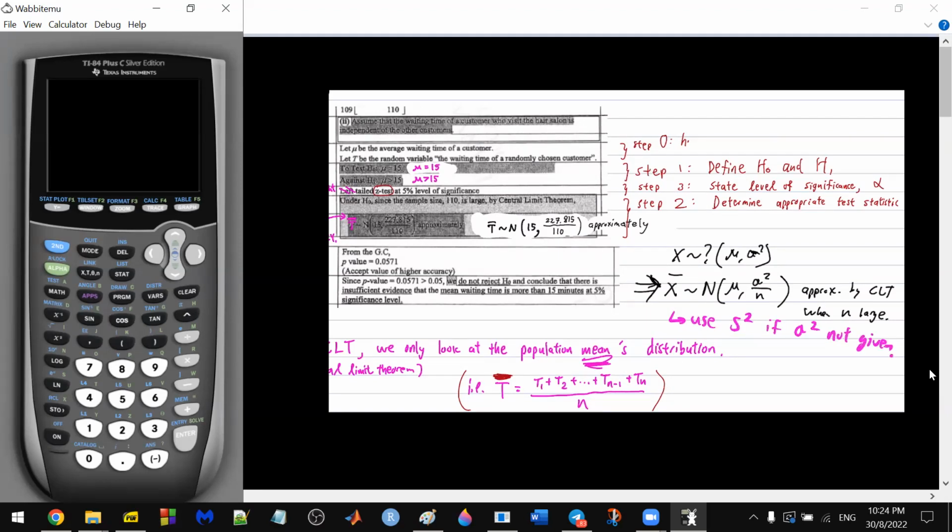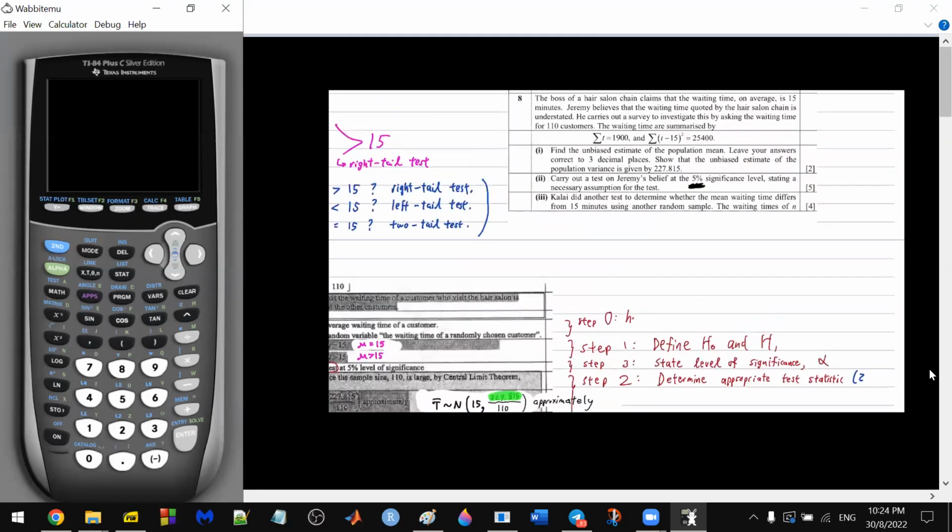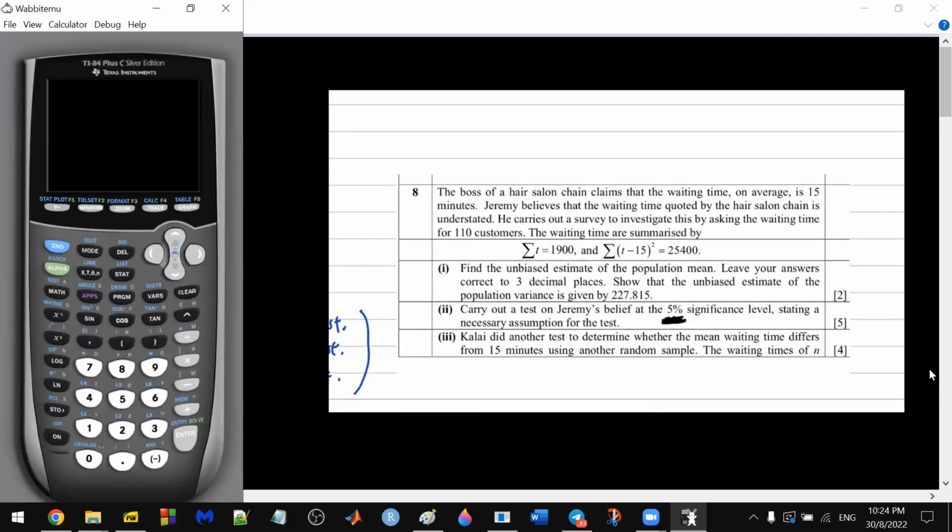In this case, indeed, the sigma square is not given. So that's why we use 227.815, which was from here, the unbiased estimate of the population variance, the S square. Sigma square, the population variance, is not known, so that's why we use the unbiased estimate of the population variance.